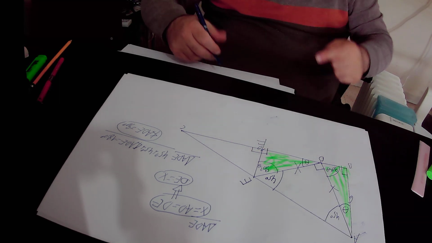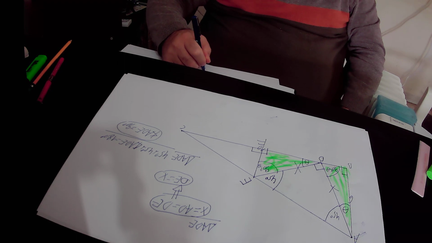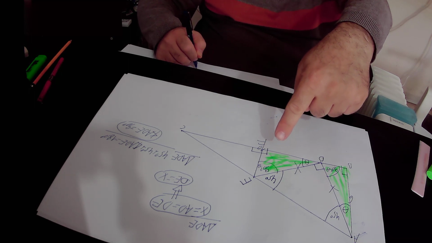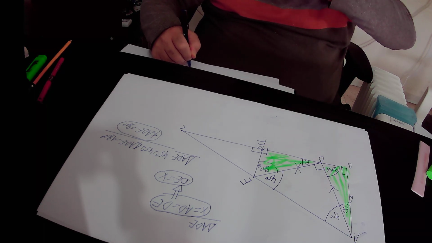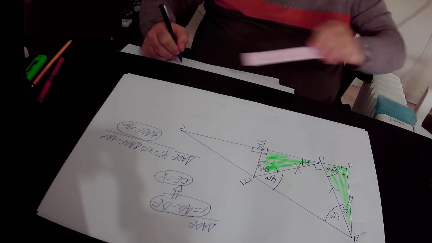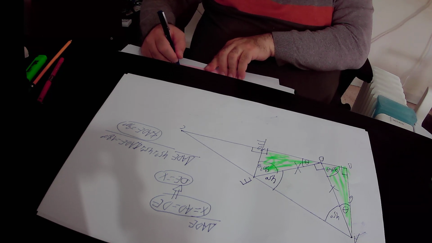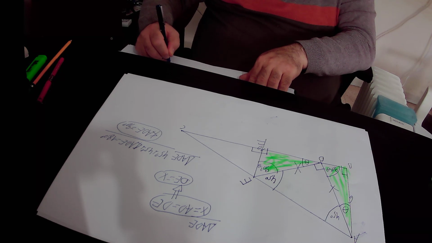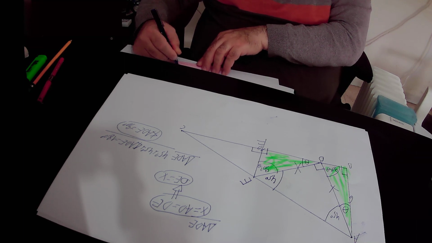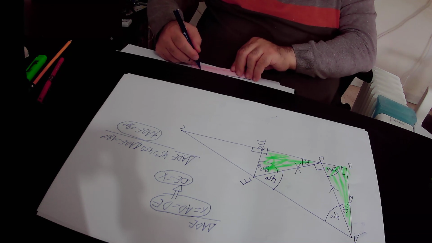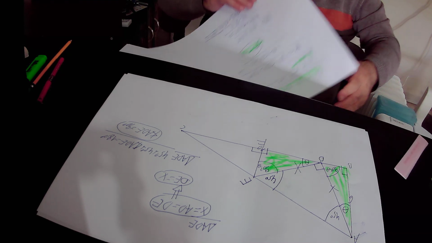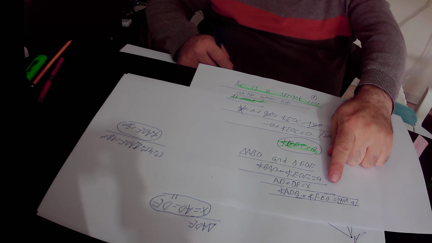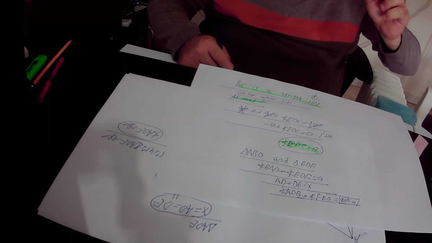So angle ADB in triangle ABD is equal to angle FED in triangle DEF, and both angles are equal to 90 degrees minus theta.